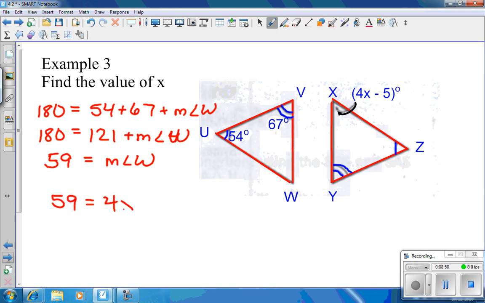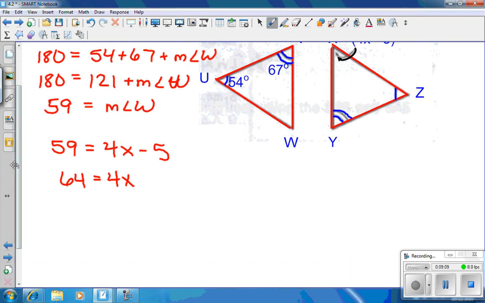Very good. Add 5 to both sides. 64 equals 4x. And you divide by 4. And x equals 16. Is that okay?